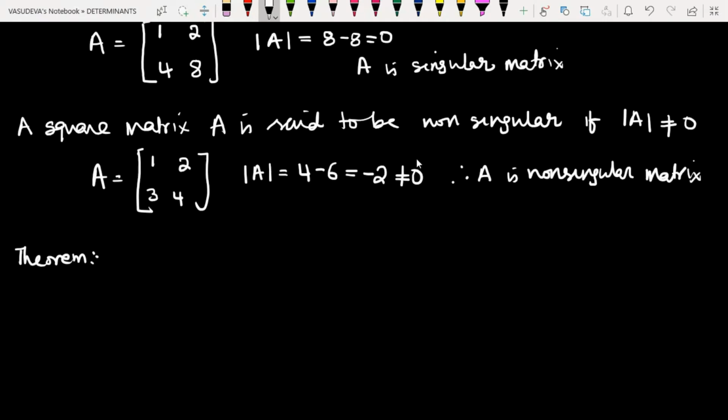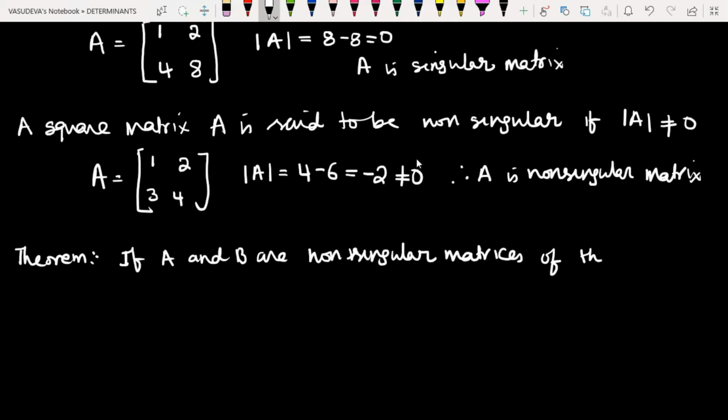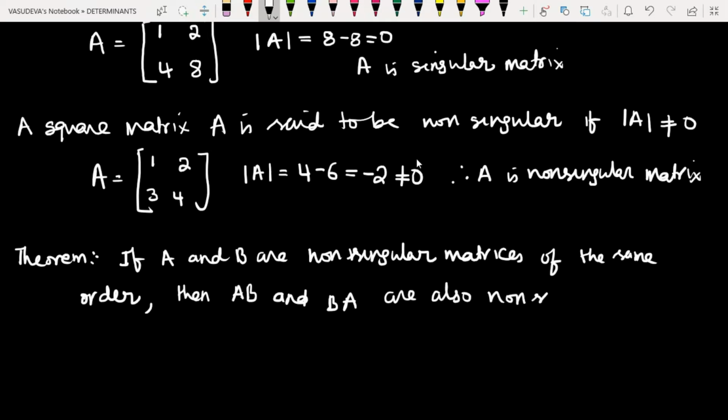If A and B are non-singular matrices, that is determinant of A and determinant of B are not equal to 0, and they are non-singular matrices of the same order, then AB and BA are also non-singular matrices.